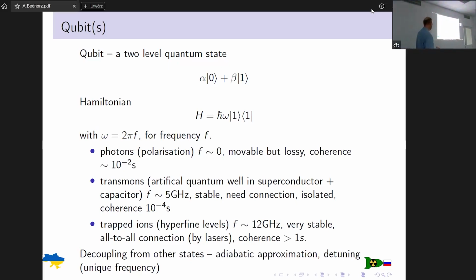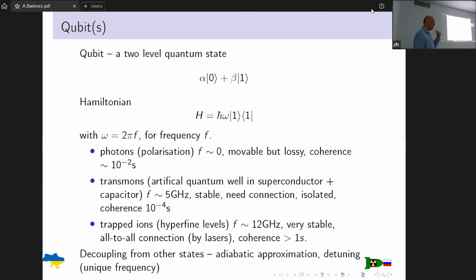One important point in this picture is the adiabatic approximation. If you have, for example, the qubit frequency, say 5 gigahertz, then you try to manipulate this qubit with a pulse of this frequency, 5 gigahertz, but the pulse is very slow. So the envelope is of low frequency.